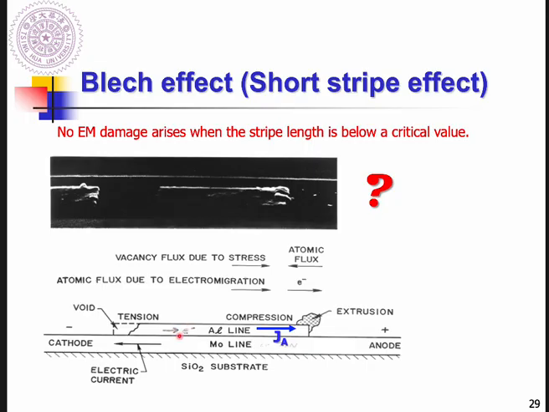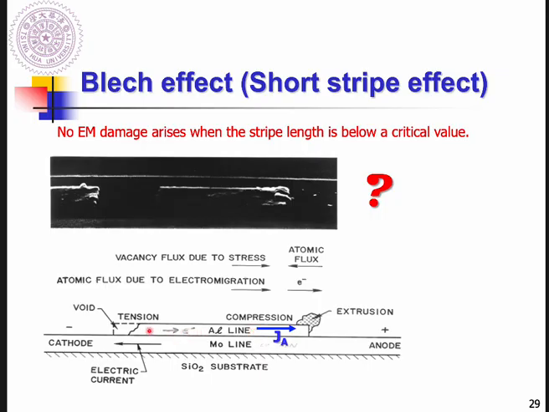In the beginning, when the electron flow is small, the atomic flow is small as well. So it will induce deformation in this material, while this deformation remains within the elastic range.